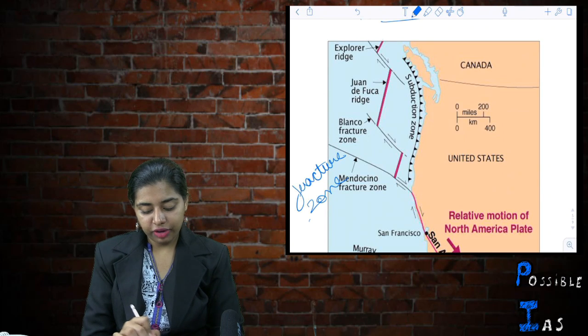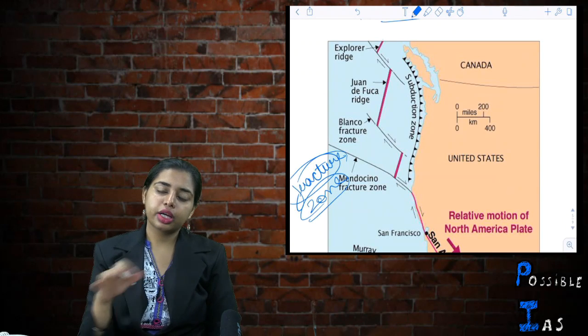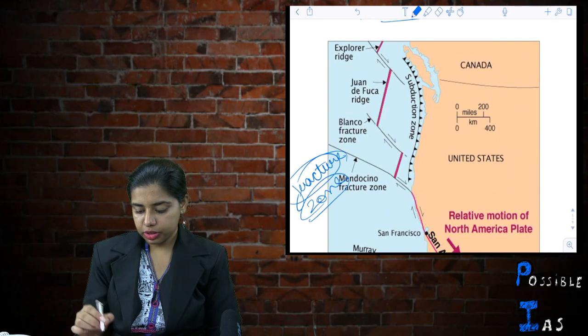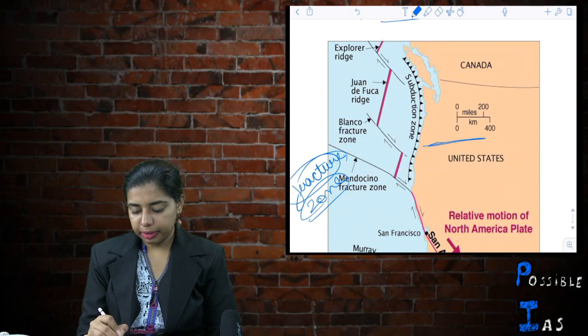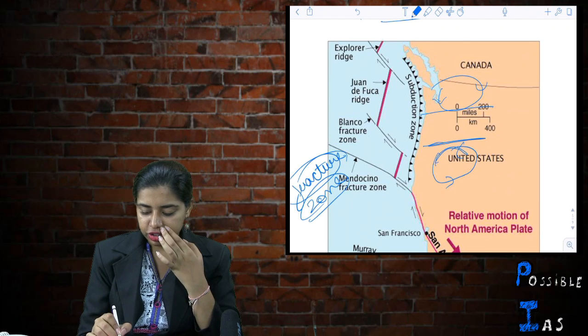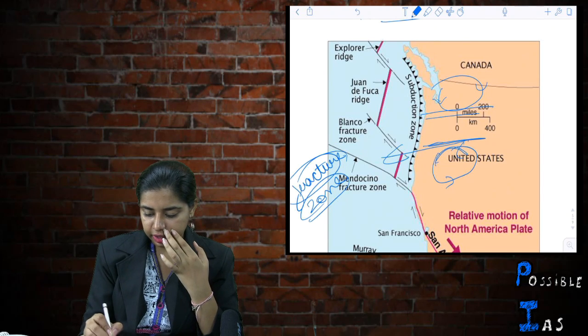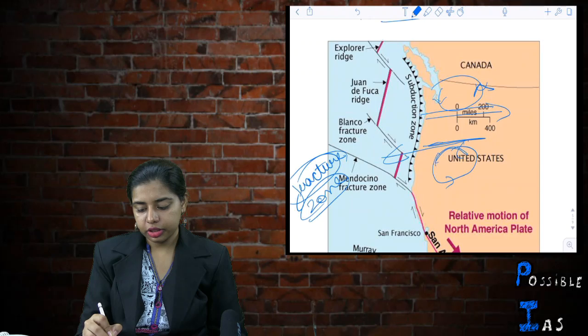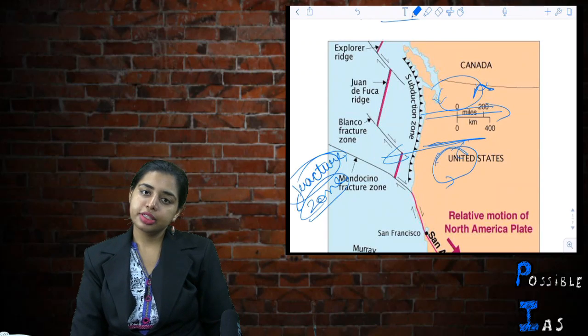Now obviously these are fracture zones, so here again the convection current is going on, right? So suppose this is one plate boundary here, and there is one plate boundary here. With the convection current, one is going in this direction, and the other is going in this direction. So these are moving past each other.